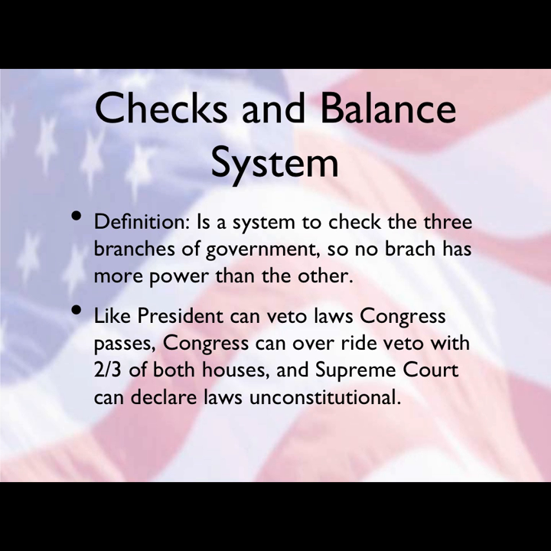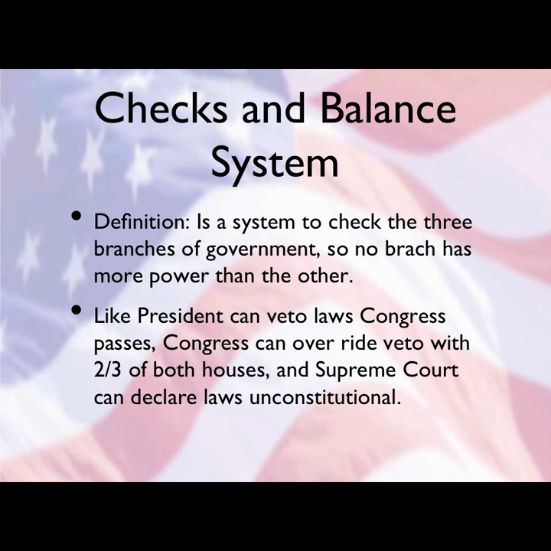The checks and balances system is defined as a system where the 3 branches of government check each other, so no one branch has more power. This is very important in the government. We don't want one branch to have more power than the others. Here's an example of how this works in our government. If the president doesn't like a law that Congress has passed, they can veto it. But Congress can then override that veto by getting a 2/3 vote from both houses.